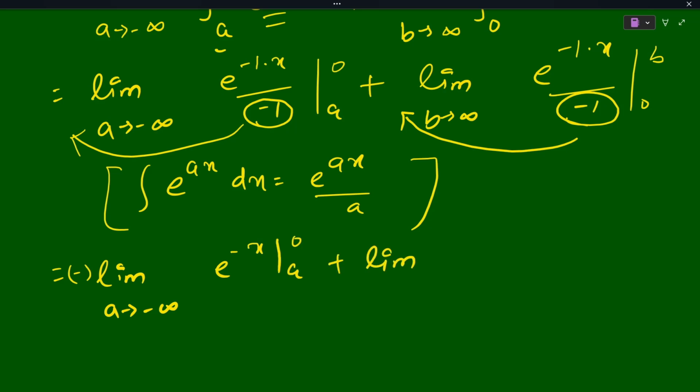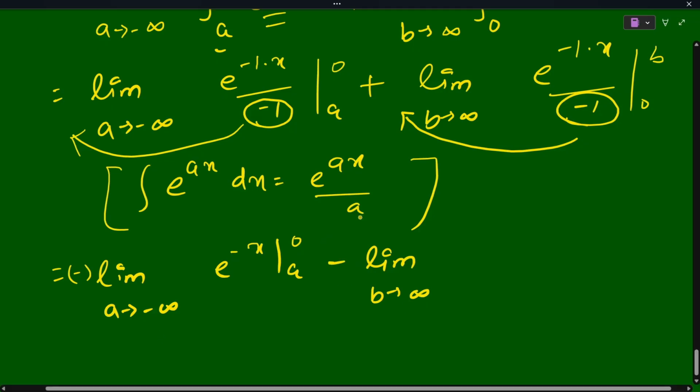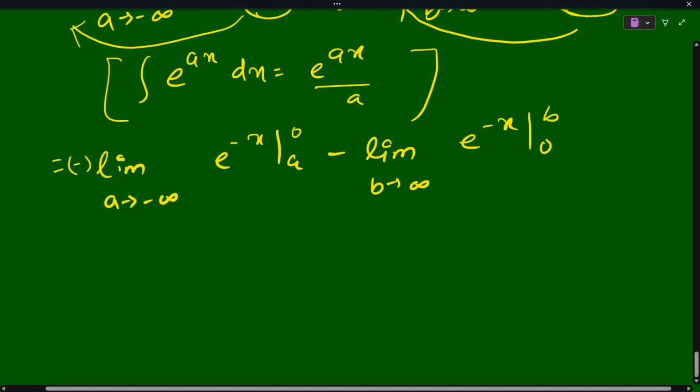Now this one is limit, sorry, here this sign already changed, right? Due to this minus 1, this sign changed to minus 1, that is it is minus, so this value is minus x and it is from 0 to b. So now this one is minus limit a tends to minus infinite.